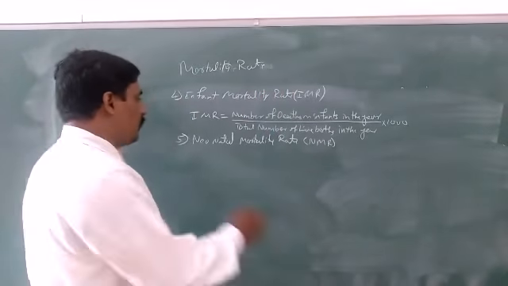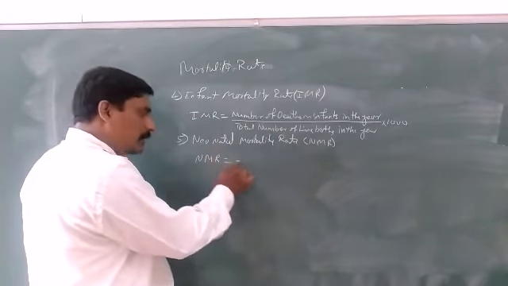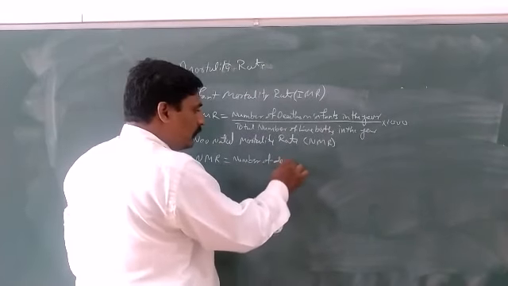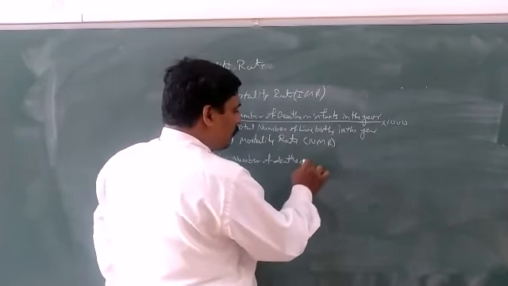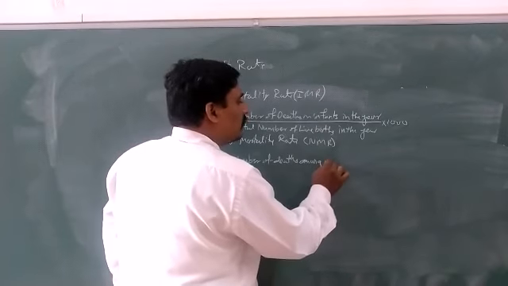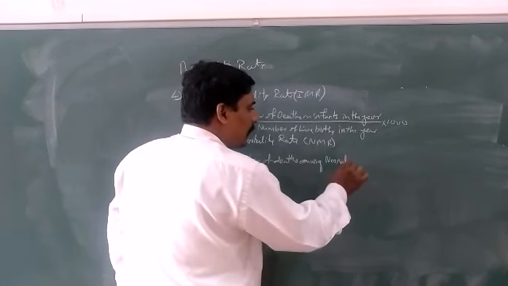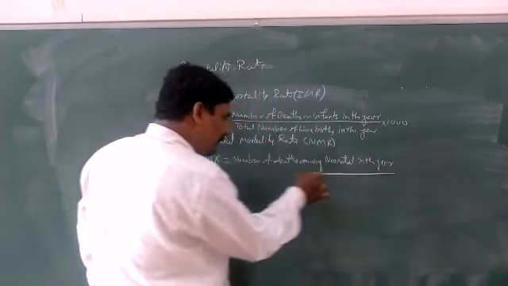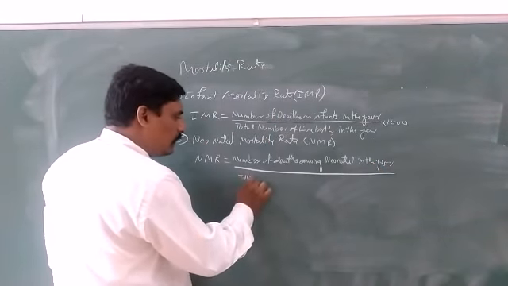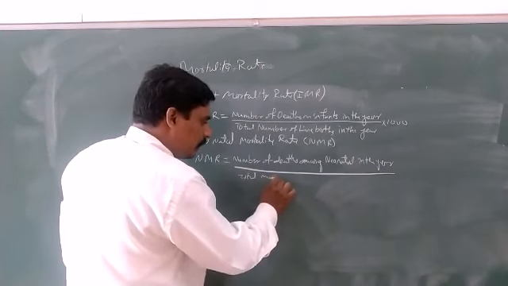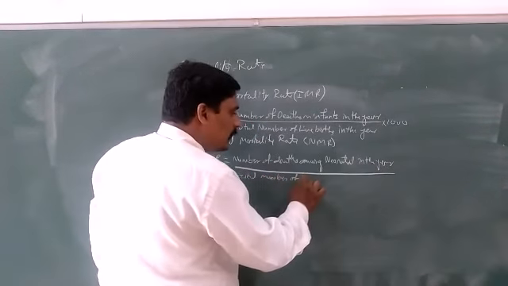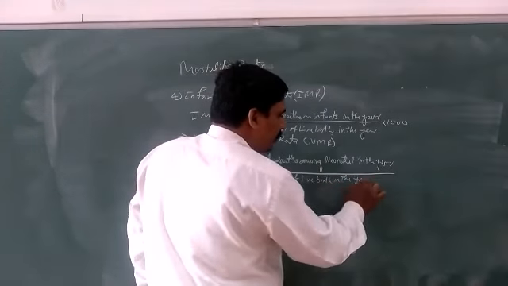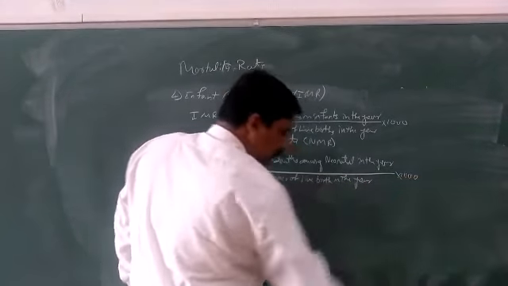So the formula: NMR is equal to the number of deaths among neonatal babies in the year, divided by the total number of live births in the year, into 1000.